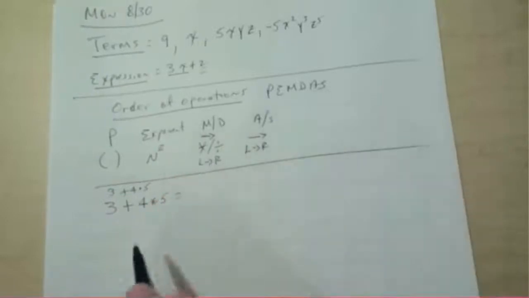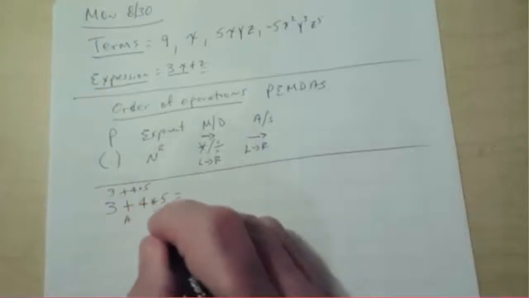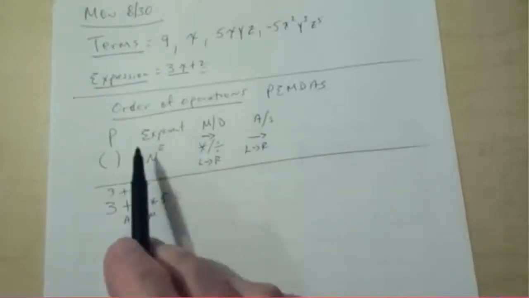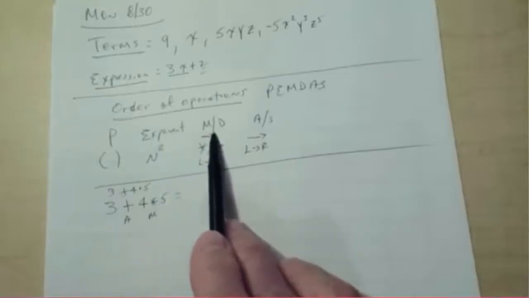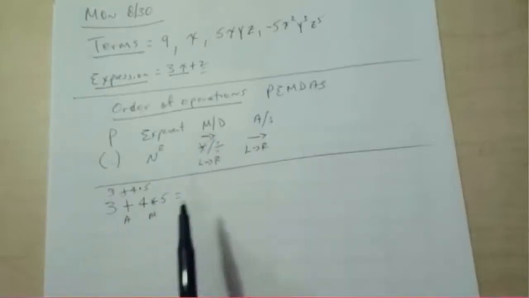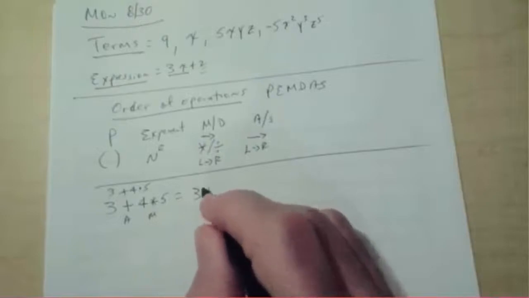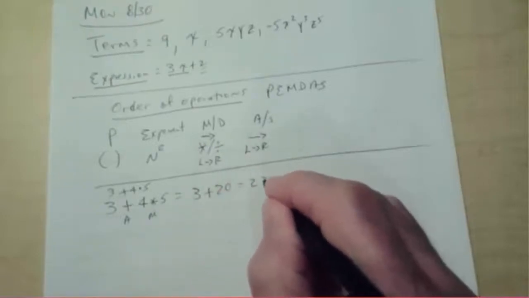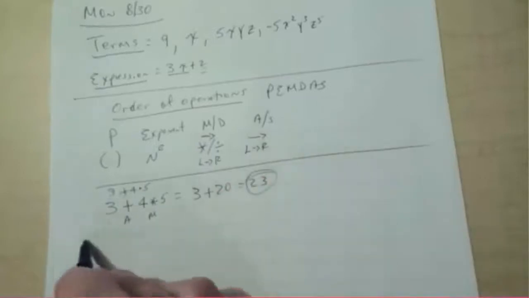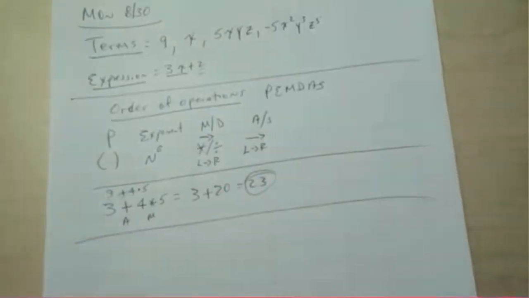Now, which one do we do first? Here we have addition. There's multiplication. We don't have any parentheses. We don't have an exponent, but we do have multiplication. So we're going to do that first. So it's 3 plus 4 times 5 is 20. So this is 23.